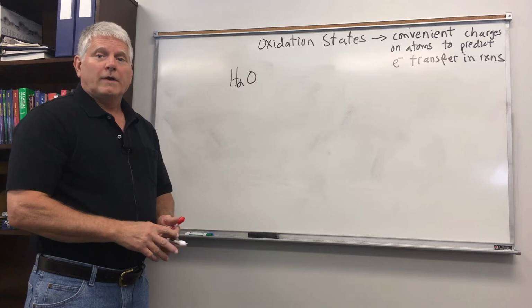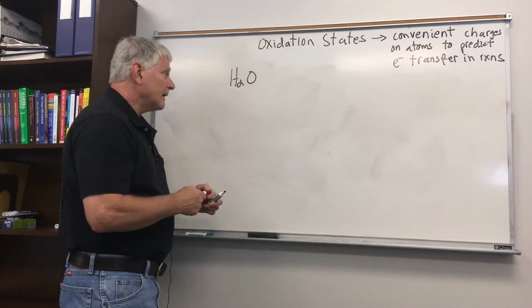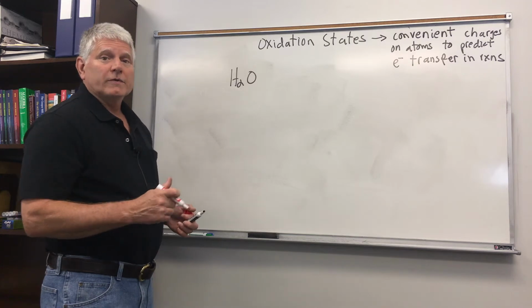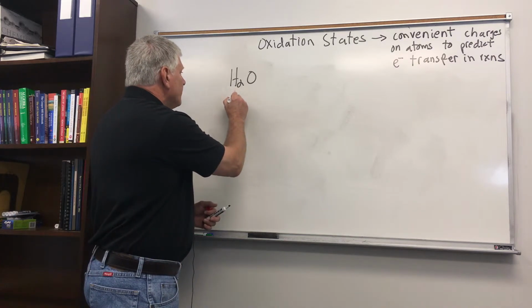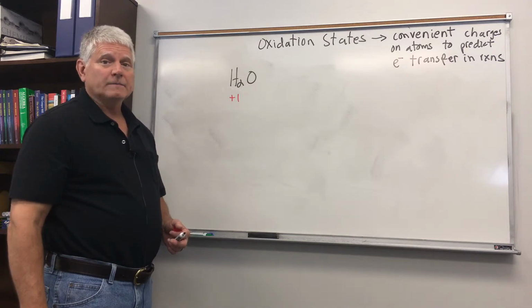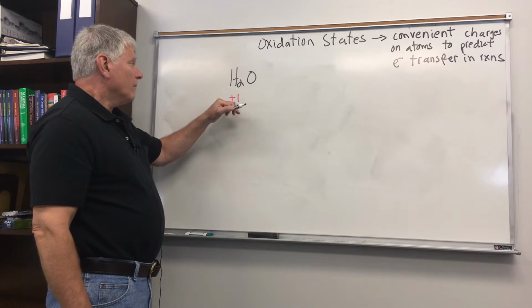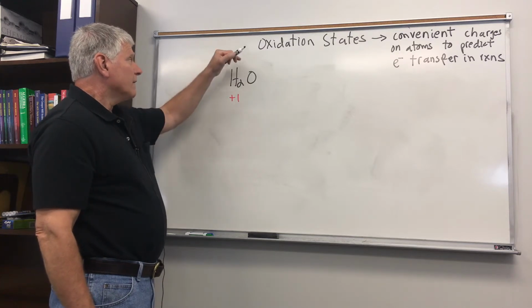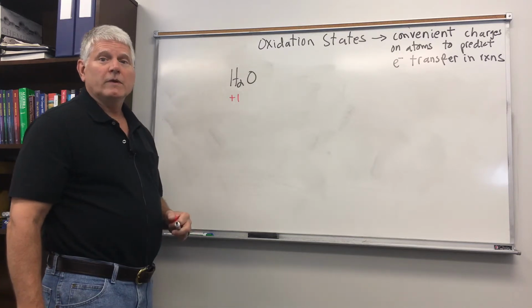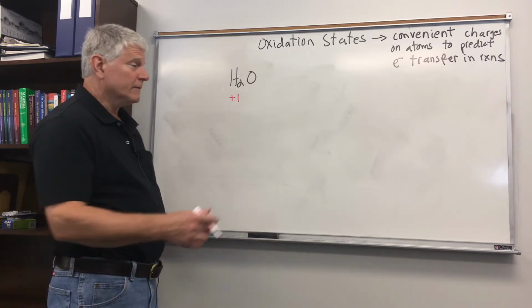So let's take our water as an example. So we would assign the hydrogen first. So I'm going to assign the oxidation state for each atom below the atom, and on top of the atom I'm going to give the sum for all the atoms.